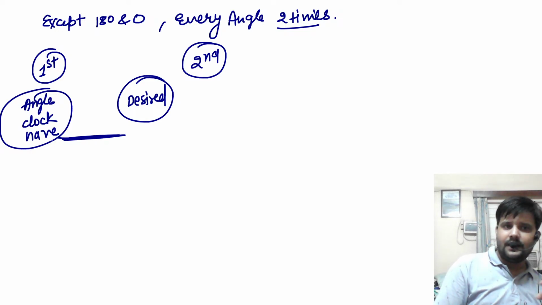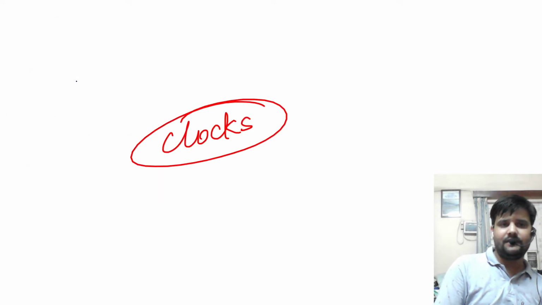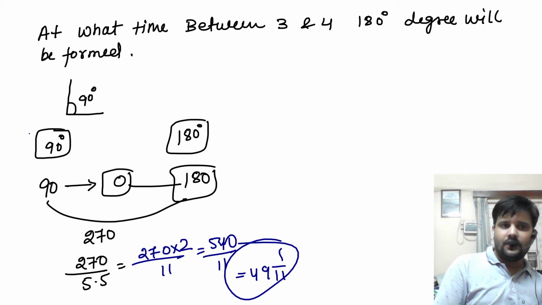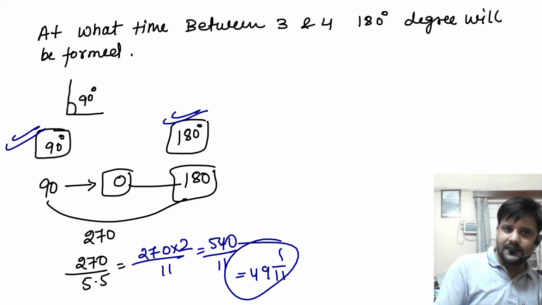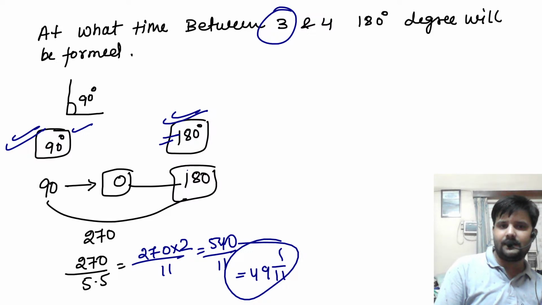To get the first answer, the angle the clock has must be greater than your desired angle. If it is not, you cannot form the angle at the first instance. In the previous question, the angle you have was 90 and the desired angle was 180, so it is less. The angle you have should always be greater than the desired angle. Then only you can calculate it in the first instance.